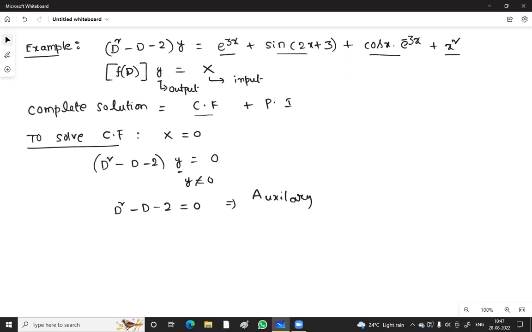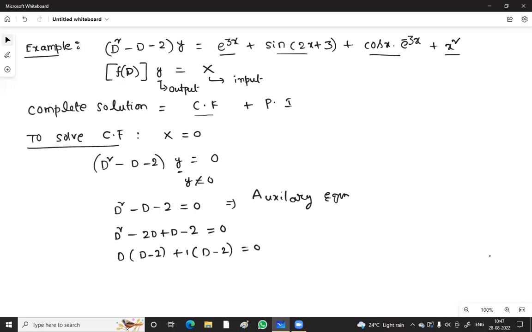We know that actually. So you solve this: D square minus 2D plus D minus 2 is equal to 0. Taking D common, D minus 2, plus 1 if you take common, D minus 2.